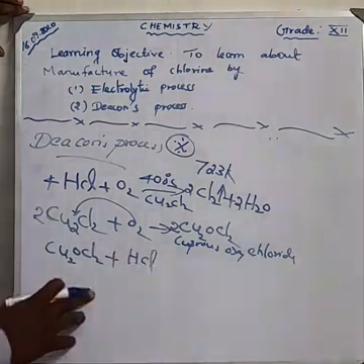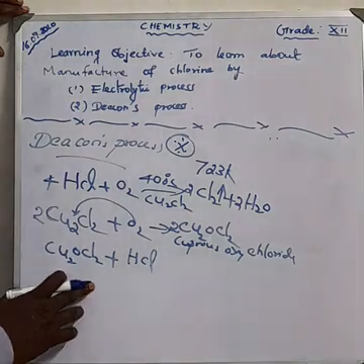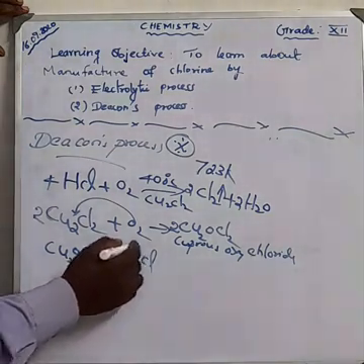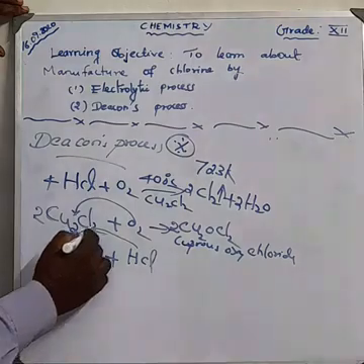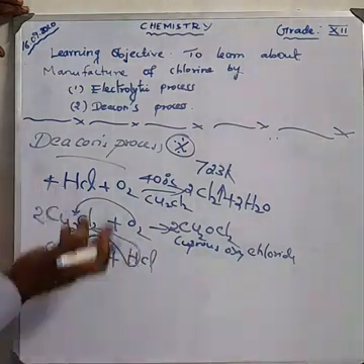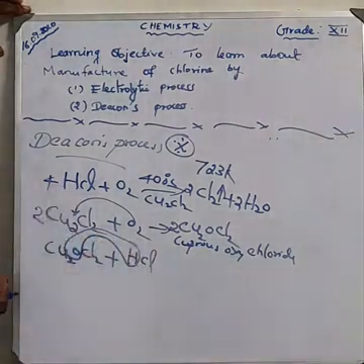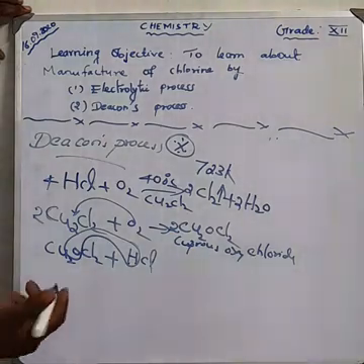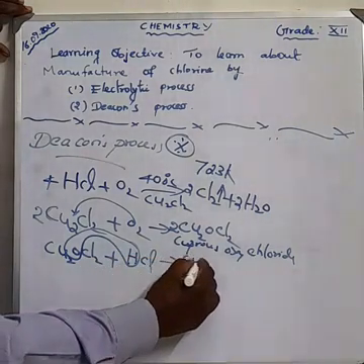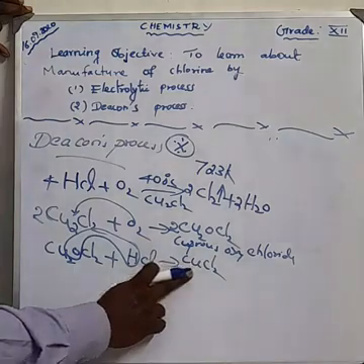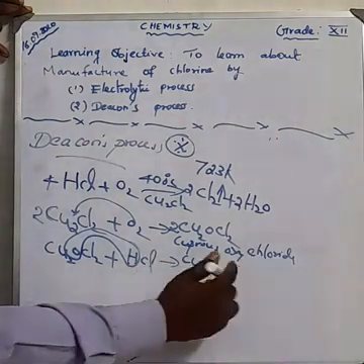So what products are obtained? Hydrogen combines with oxygen, so the product is H2O. We get cupric chloride, the formula is CuCl2, plus H2O.